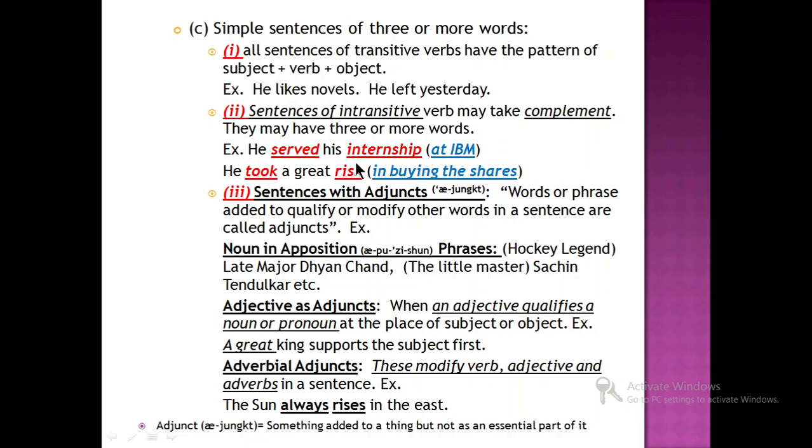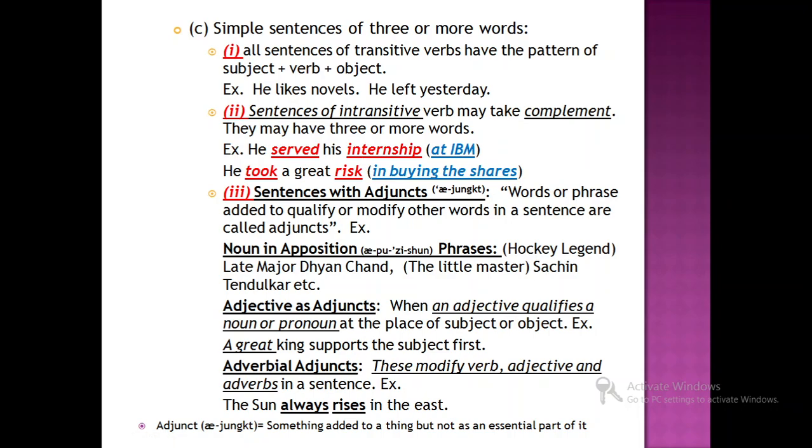This is the object, his internship, and this "at IBM" is coming as a complement to this internship. Now in the second sentence, he took a great risk. उसने बहुत ज़्यादा risk लिया in buying the share. So "in buying the share" is a complement to this object, risk. Is that clear? This is all about the sentences of intransitive verbs which may take complements to have more words in them.